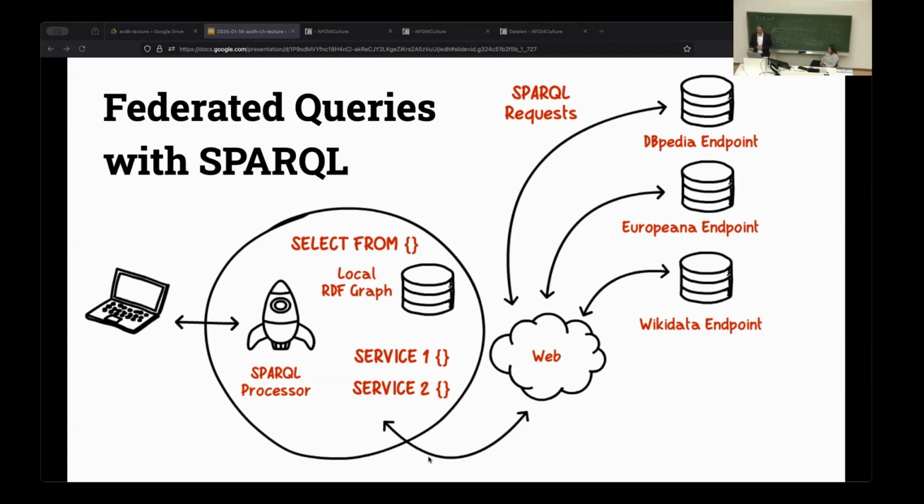You can see that in that schema here. So you would start with a query from the NFDI for Culture knowledge graph, but at the same time, you can go out in the web, do it federated, and also query Europeana and Wikidata and DBpedia, all at the same time to find dragons.